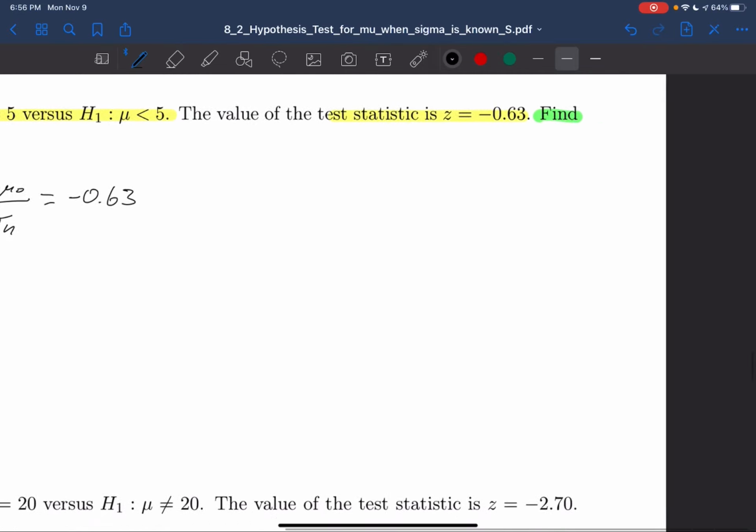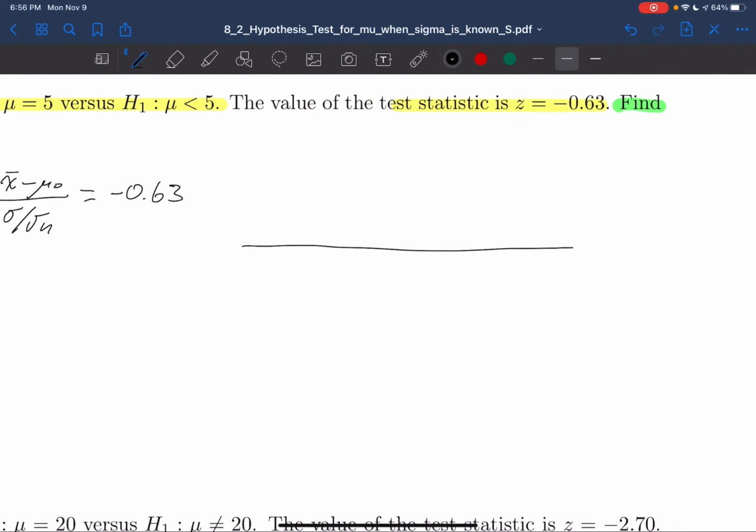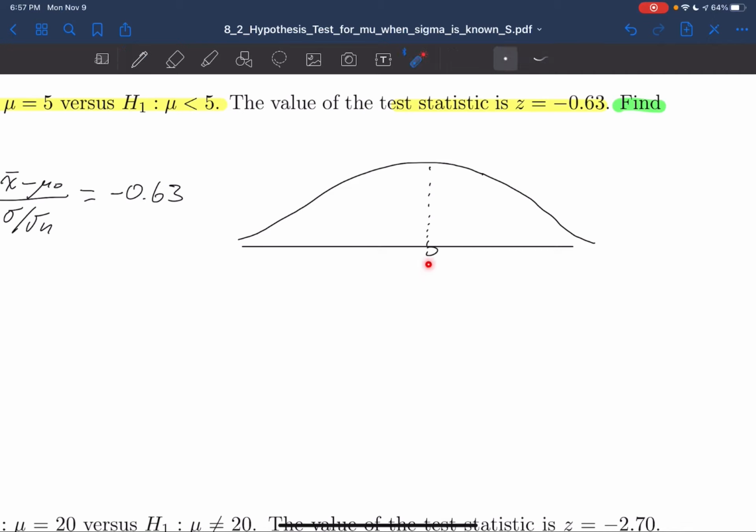And so let me just draw this real quick. So we have a standard normal curve. Since it's negative, it's going to be below 0. So it's going to be somewhere here, maybe negative 0.63. And we're trying to find the area to the left, since we're dealing with a left tail test.